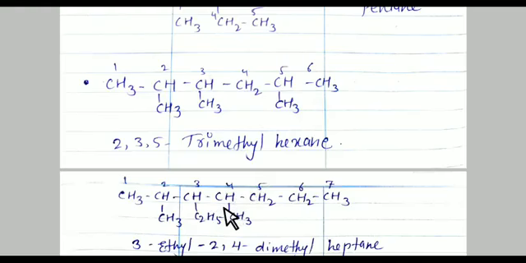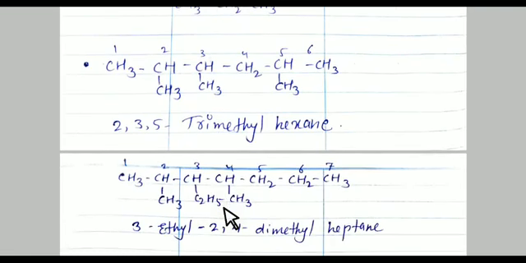See here, 1, 2, 3, 4, 5, 6, 7. There are 7 carbons, meaning heptane. The second carbon contains a methyl group, the 4th carbon contains a methyl group, and the 3rd carbon contains an ethyl group.